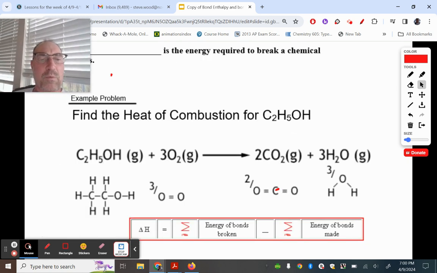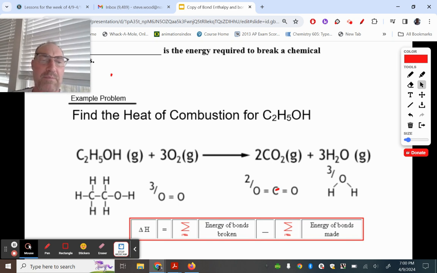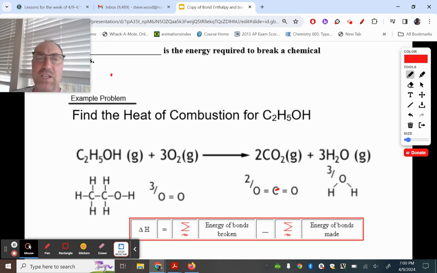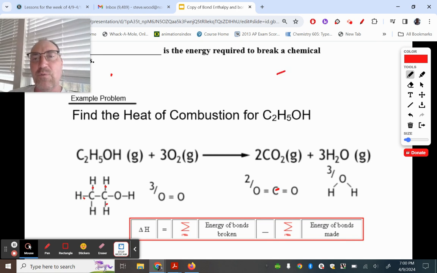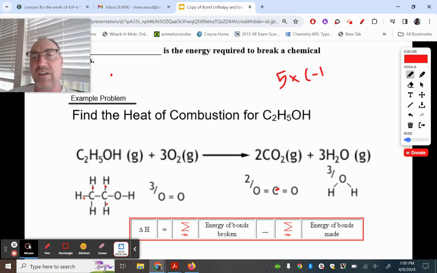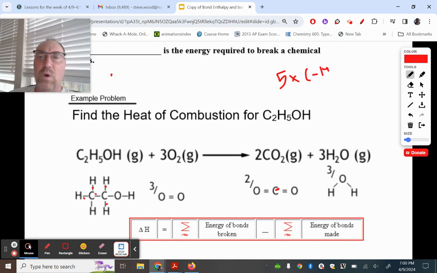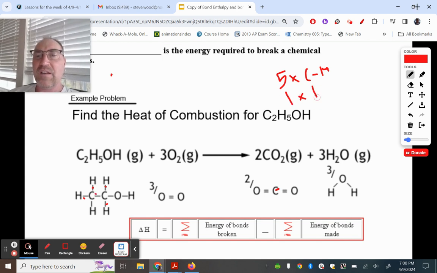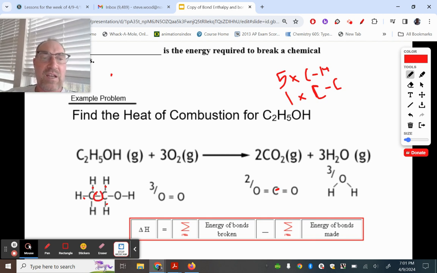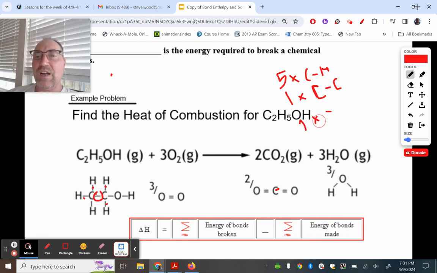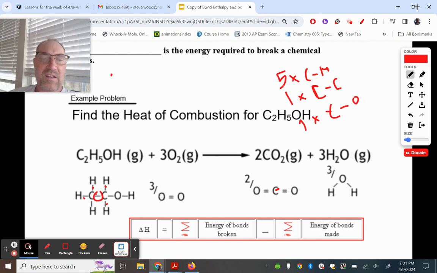Okay, so we're going to go back here, and you can see that I'm just going to jot them down. Do you see how you need 1, 2, 3, 4, 5? So 5 times the C-H bond. And then you're going to need 1 C-C bond, because that's right here. And then you're going to need 1 C-O bond. It's a single bond.